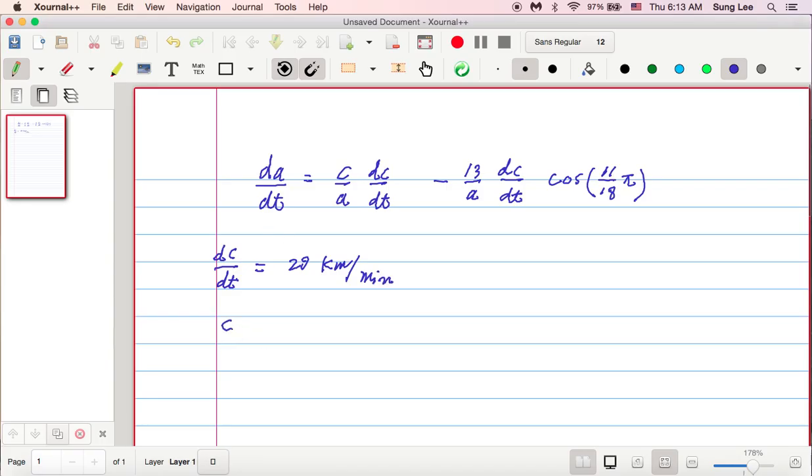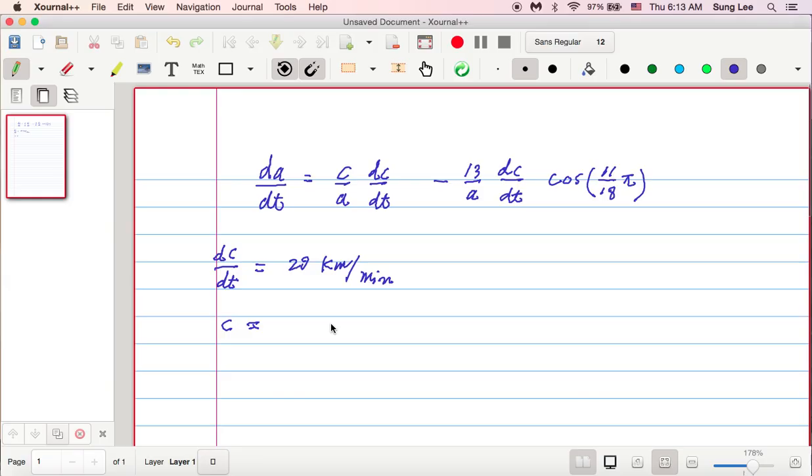And the quantity c, we need for the calculation of dA dt, is how far the airplane flew after passing the radar station in 3 minutes.